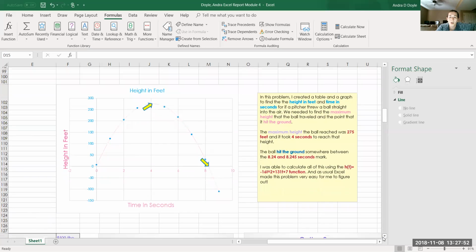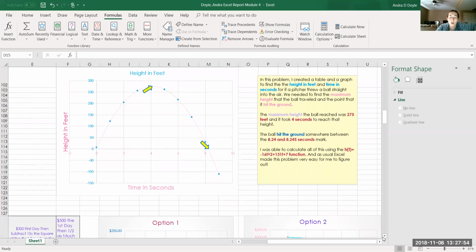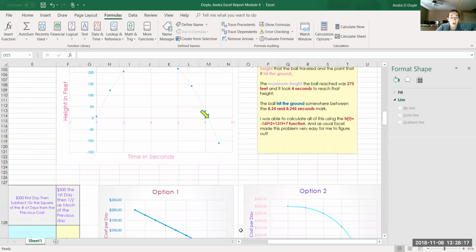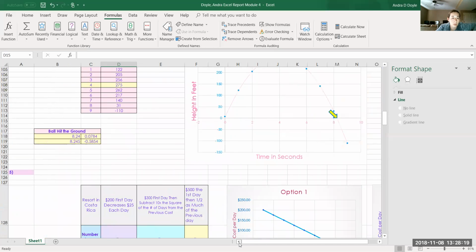I was able to calculate all of this using the function h of t equals negative 16 t squared plus 131 t plus 7. And as usual, Excel made this problem very easy to figure out. Cannot say enough about Excel.